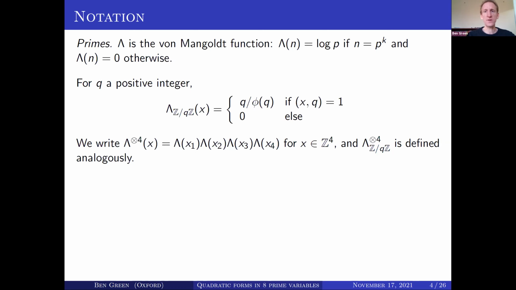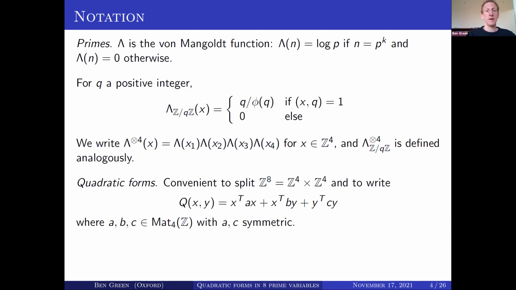And similarly for other functions. And then finally, I'm going to be looking at quadratic forms on the integers in 8 variables. And it turns out to be rather more than convenient, important to split those variables into 2 groups of 4. So you split the 8 variables into 2 sets of 4, call them x and y.